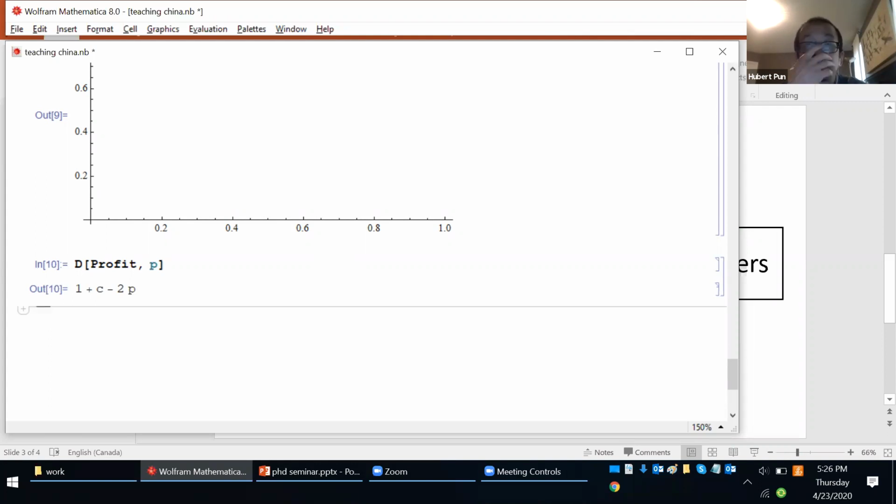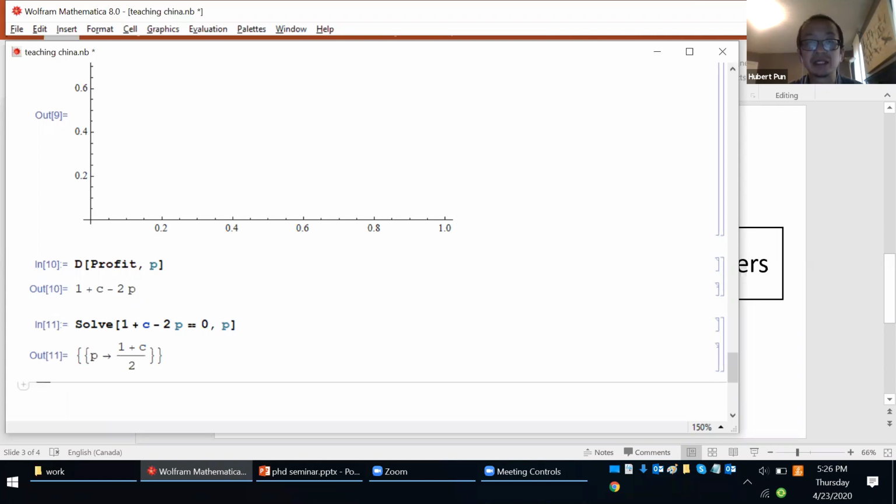And I want to set this equal to 0. To do it, we use the command Solve[1 + C - 2P == 0, P]. Then I do shift enter. And that gave me P equals (1 + C) divided by 2.